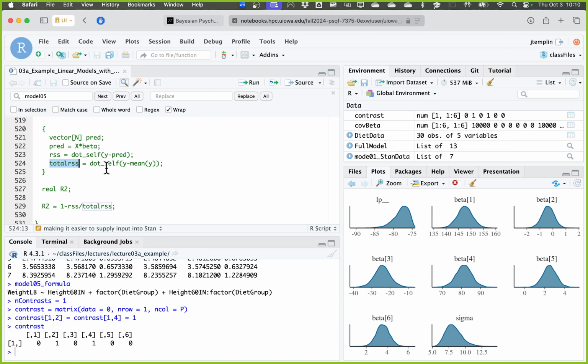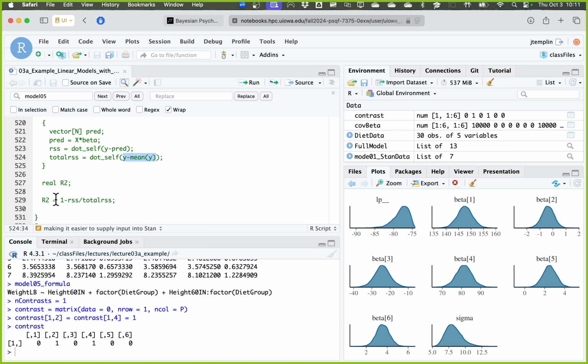The total sums of squares is y minus the mean of y overall, your y minus your mean of y, squared. So r squared is 1 minus that ratio. And at the end of our chain, we'll have an R2 that shows up in the summary.